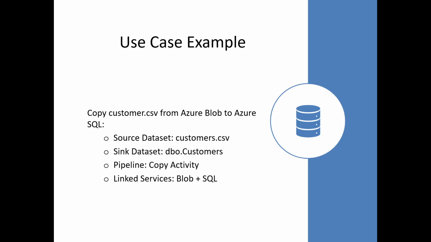So we have our linked service, which is Azure Blob, and then we have our dataset one right here, which is our source dataset, customer CSV, which is the input, and then we have linked service two, which is Azure SQL, and then we have a dataset, which is customers, dbo.customers, which is the output table, and then we use copy activity, and we have the Blob plus SQL linked services, which, as we discussed, were linked service one and linked service two.